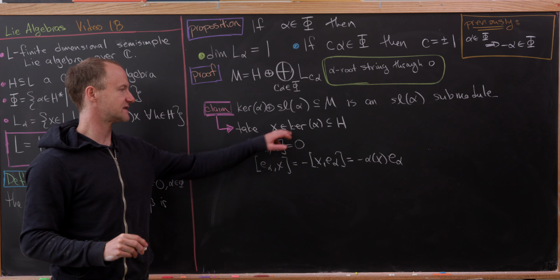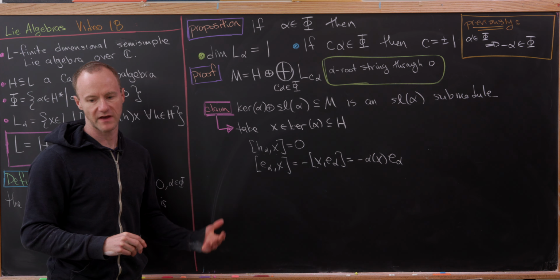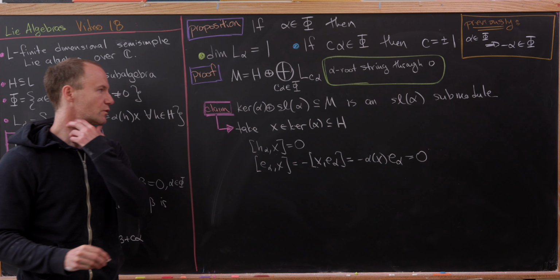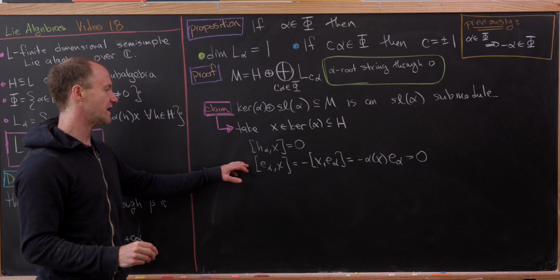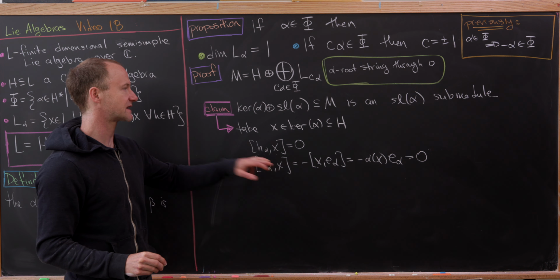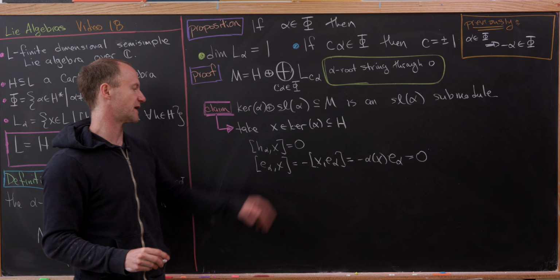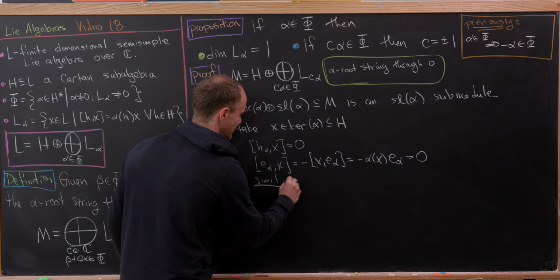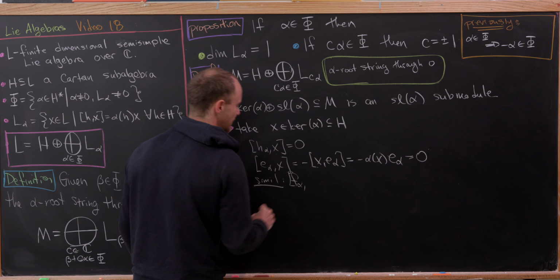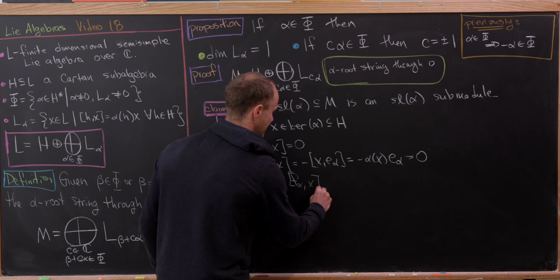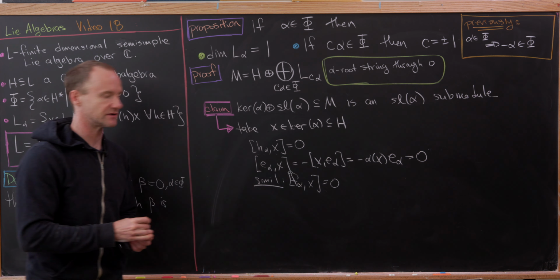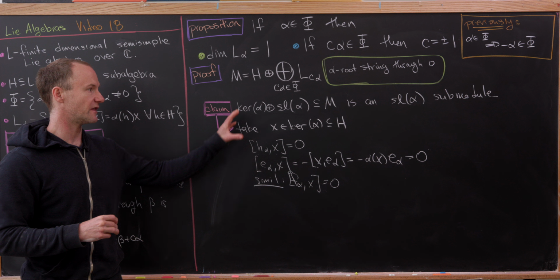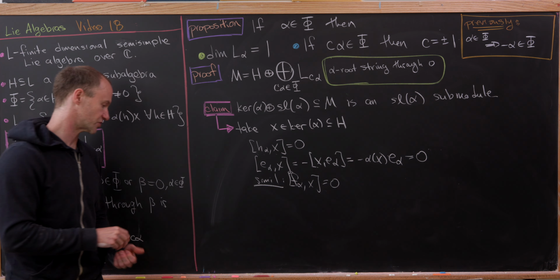But then x is inside of the kernel of alpha, so alpha of x is 0, giving us 0 here. Which again means that E alpha does not move x outside of this space. And I'll just write similarly here, as it's pretty much the same calculation: if you take the bracket of F alpha with x, you also get 0. Okay, but that's exactly what we needed to show that this is a submodule.